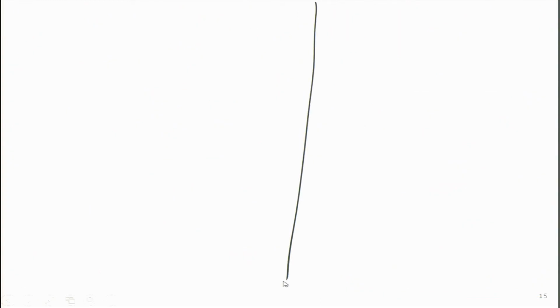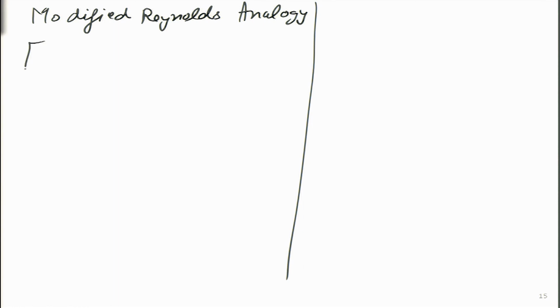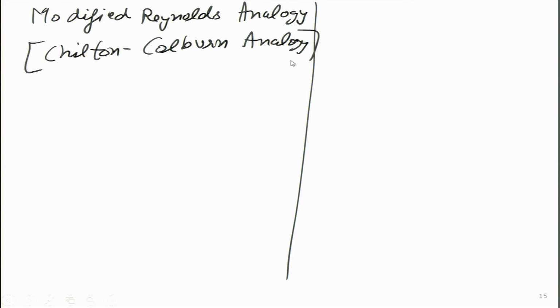So, the formal name for that is the modified Reynolds analogy, and it is also known as the Chilton-Colburn analogy. It is simply given as Cfx is directly a function of Nusselt x with two constants over here.